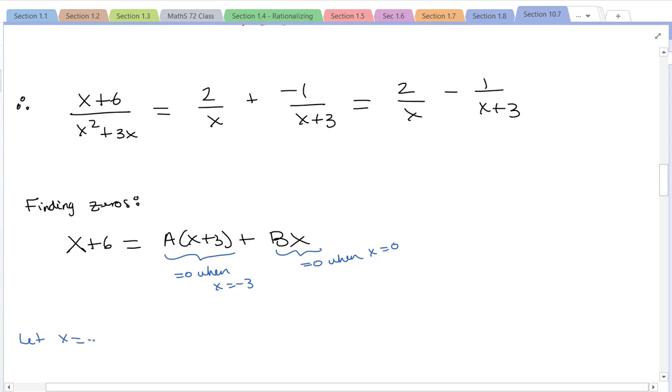So let x equal minus 3. When x is minus 3, we plug it into the entire thing, including the left side. So I'm going to have negative 3 plus 6 equals a times negative 3 plus 3 plus b times negative 3. The reason I chose minus 3 is because it gets rid of that a, so it goes to 0, and I'm left with b times negative 3.